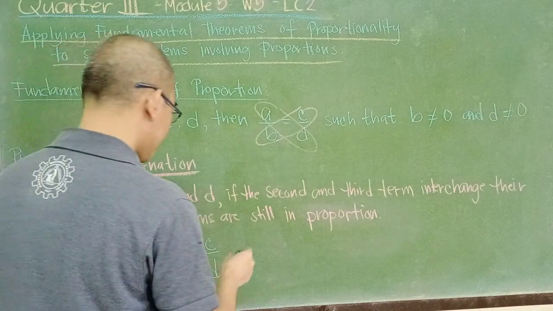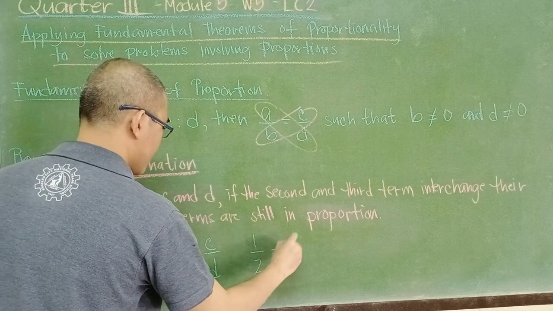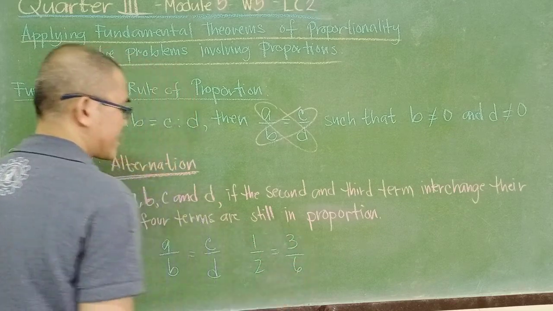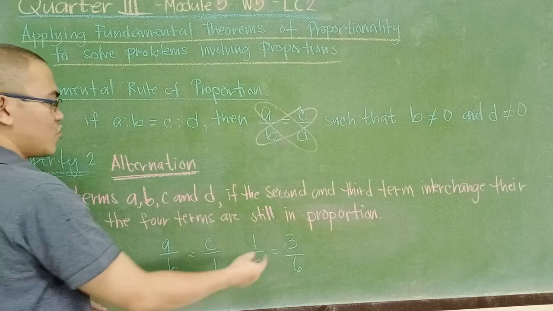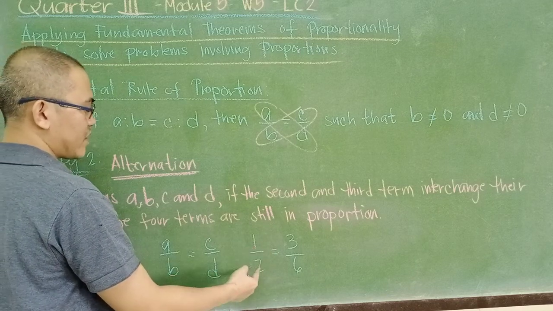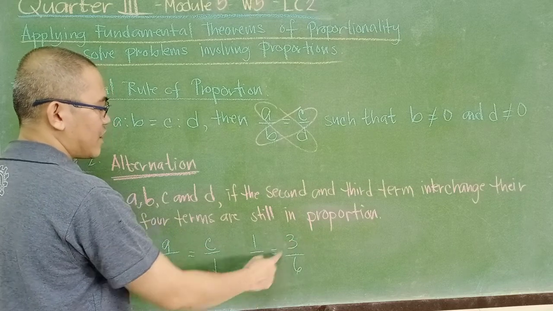Halimbawa, yung example natin kanina. If these ratios are proportion, pwede kong pagpalitin yung position ng second at third term. So yung 2 ilalagay ko sa taas, yung 3 ilalagay ko sa ilalim.